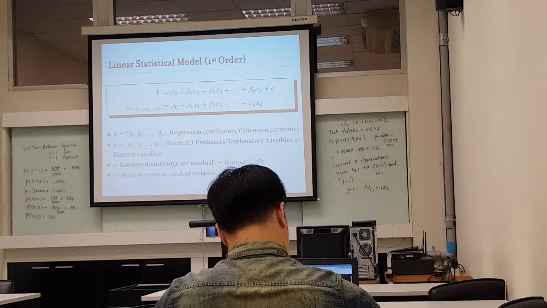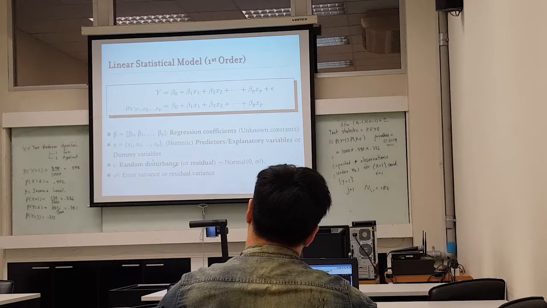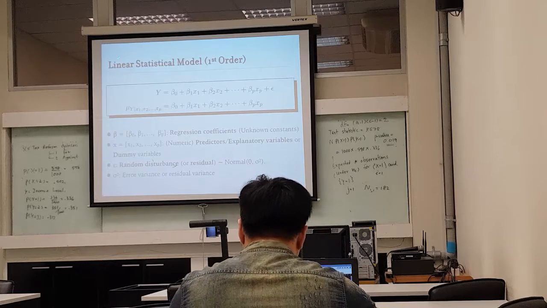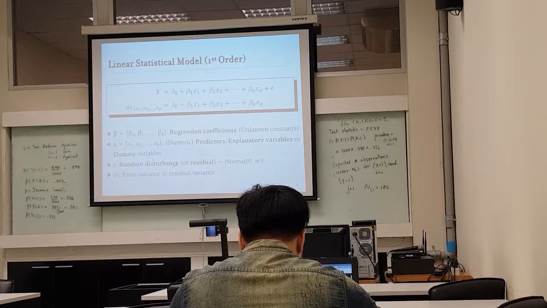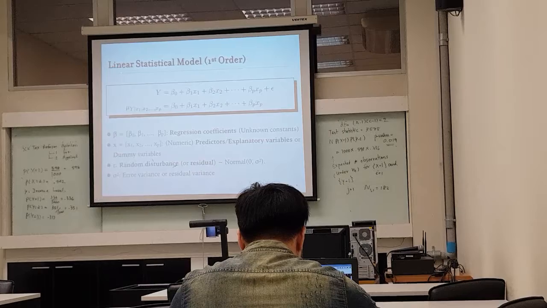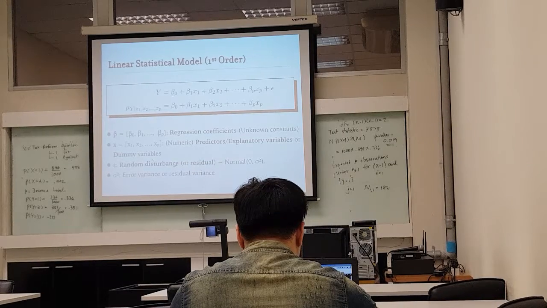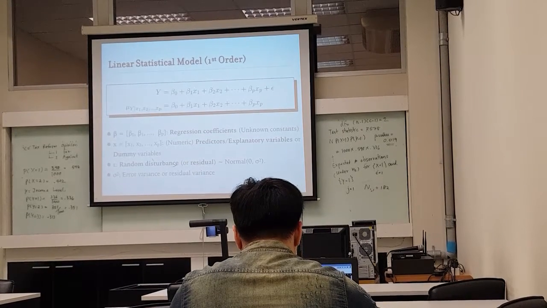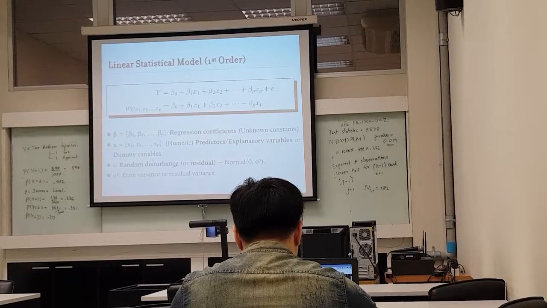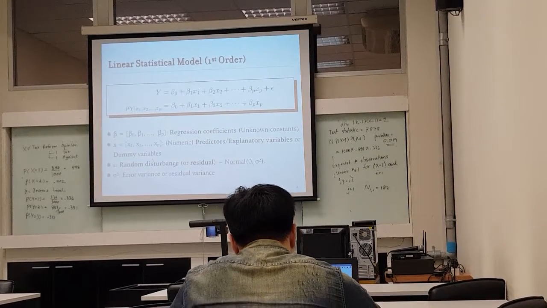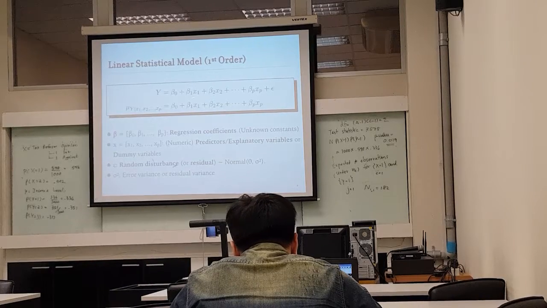If you look at this model, a very important point is that when you say linear model, it's linear in terms of the coefficients. It's not linear in terms of x. You can change this variable x to anything.